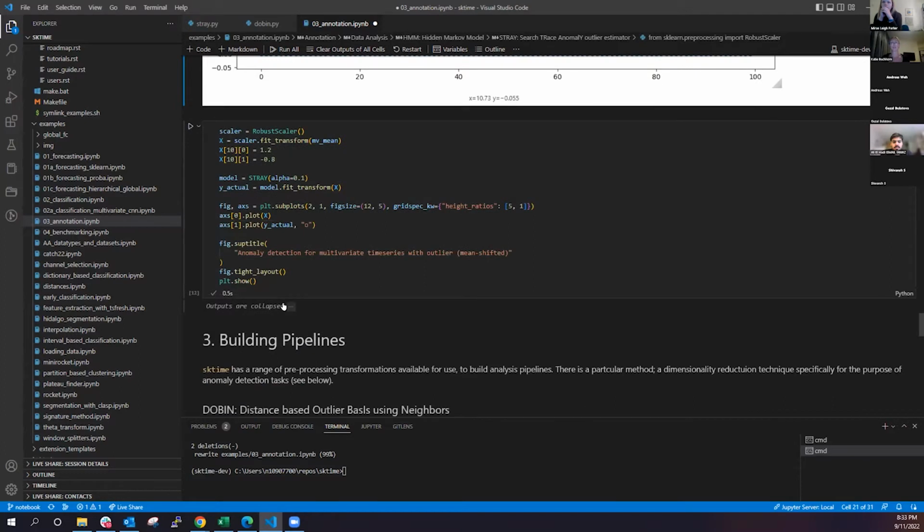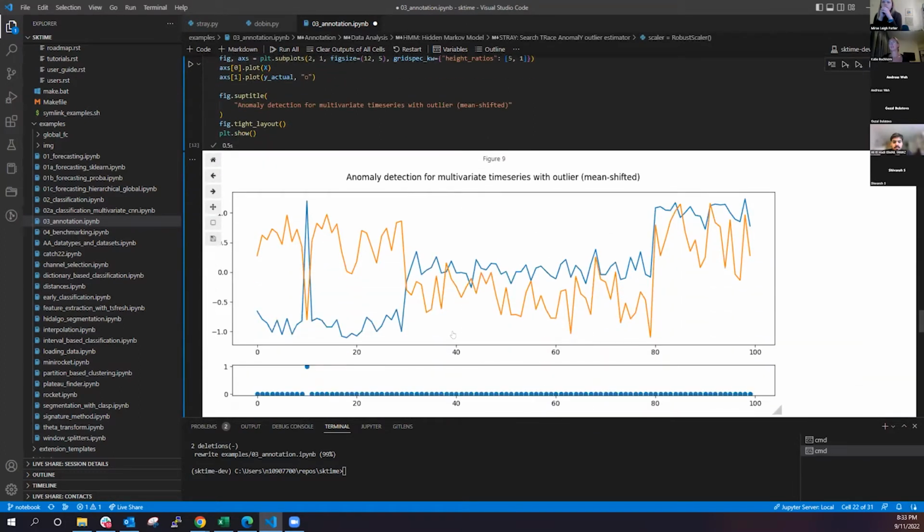And what would that look like? Would that be detected? And it indeed was. I liked this because it wasn't too obvious an anomaly, but it was definitely a change to the generating system that was used.